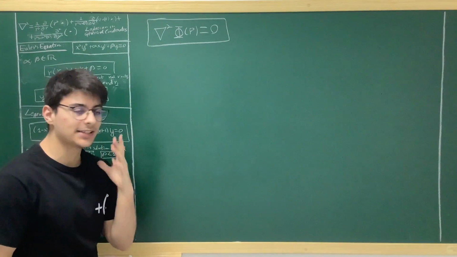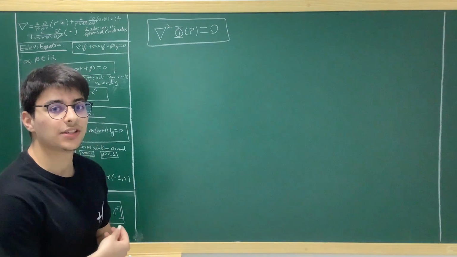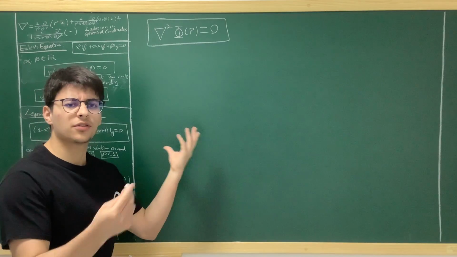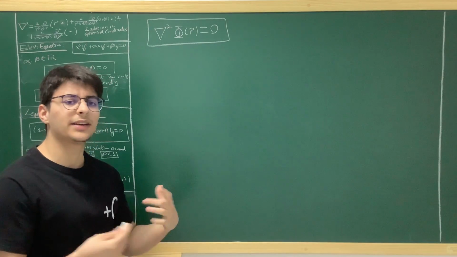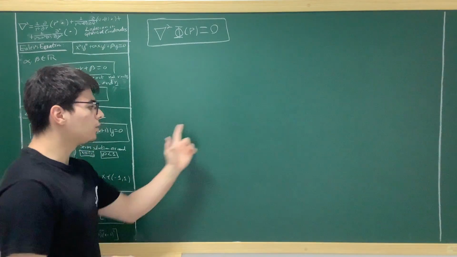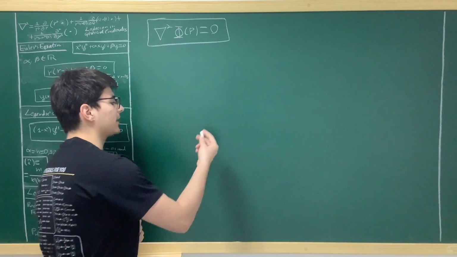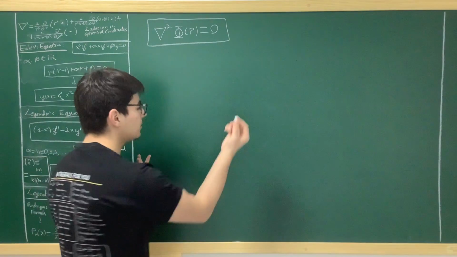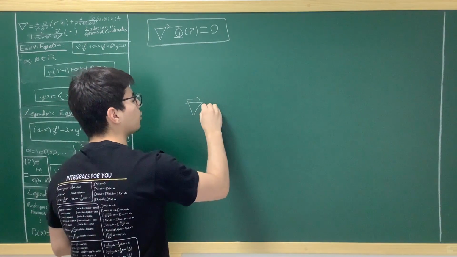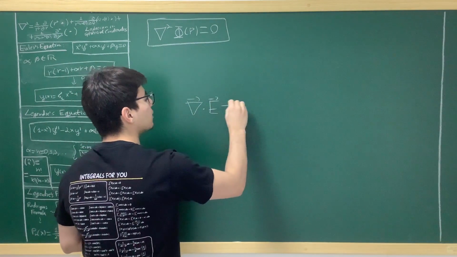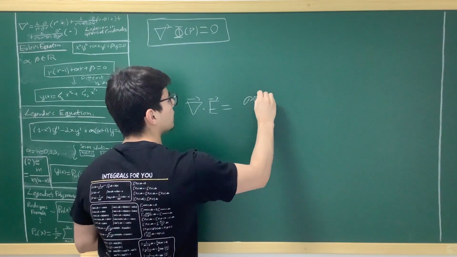Well, in physics it appears whenever we consider a region of space in electromagnetism where there are no charges. Let me just derive it from Maxwell's equations. In electromagnetism we have that these four equations govern the behavior of charged particles.